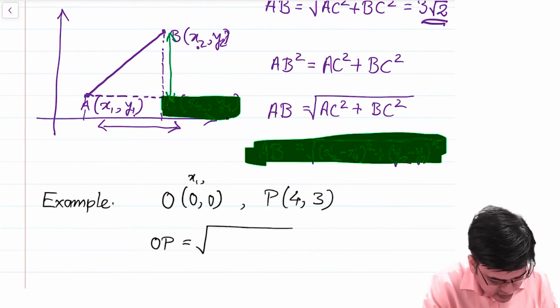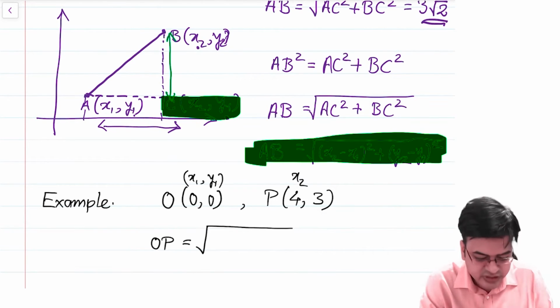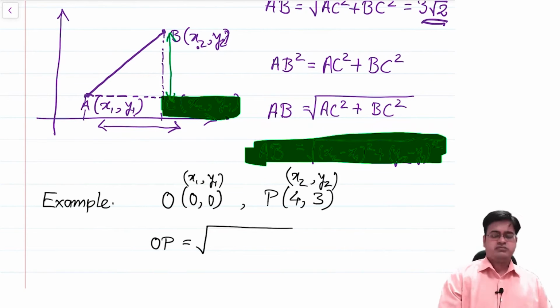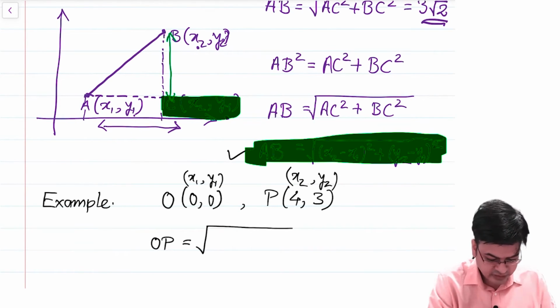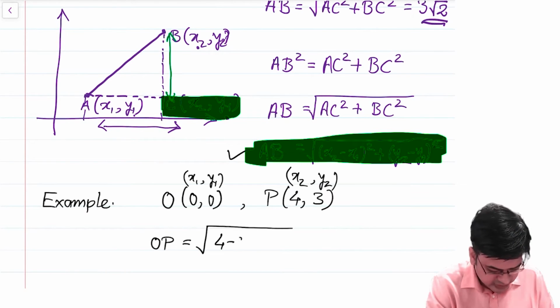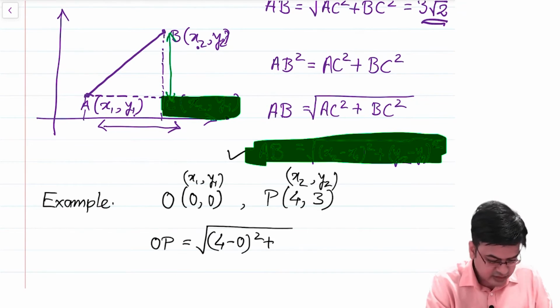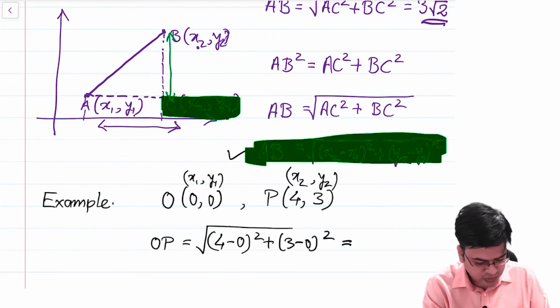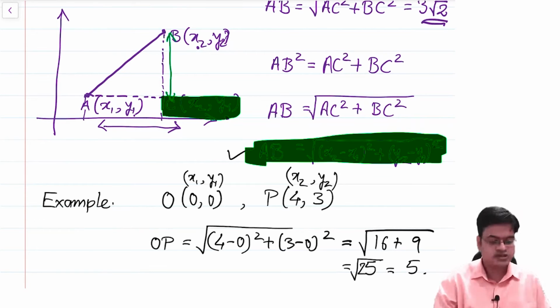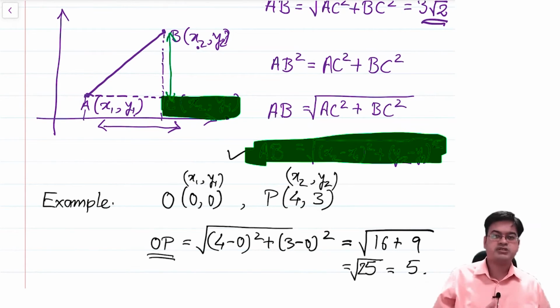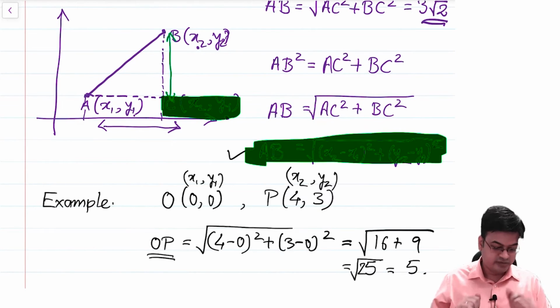So this is x1, this is y1, this is x2, this is y2. Now just apply the formula given for AB. Very simple. So it is 4 minus 0 the whole square plus 3 minus 0 the whole square, and that will essentially give me 4 square is 16 plus 3 square is 9, 25, and the square root of 25 is 5. That's the answer. So the distance of point P from the origin is 5.